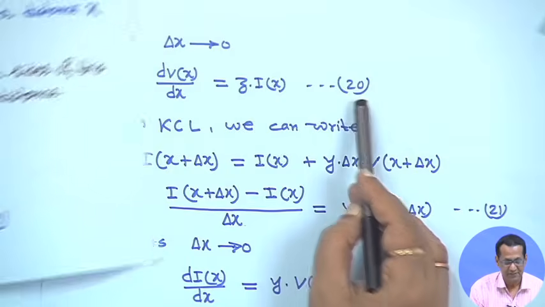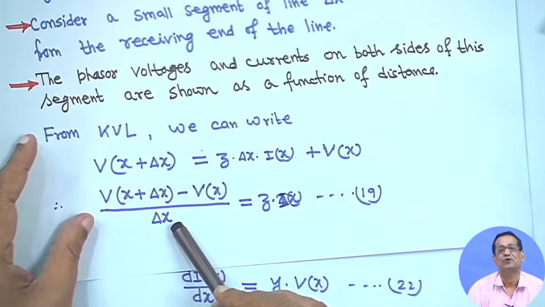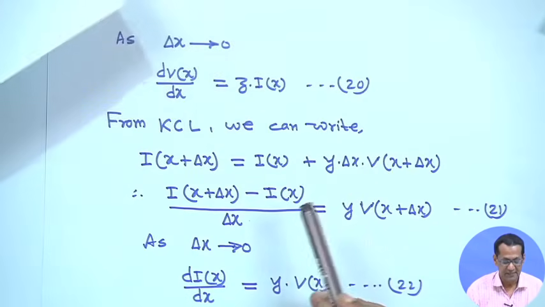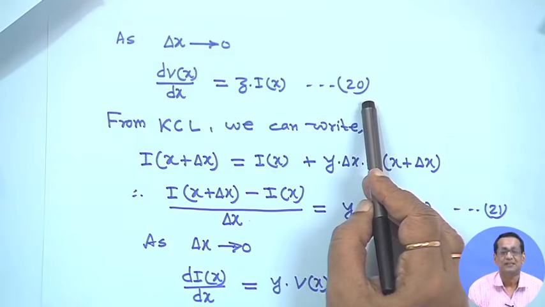This is equation 20 when delta x tends to 0.